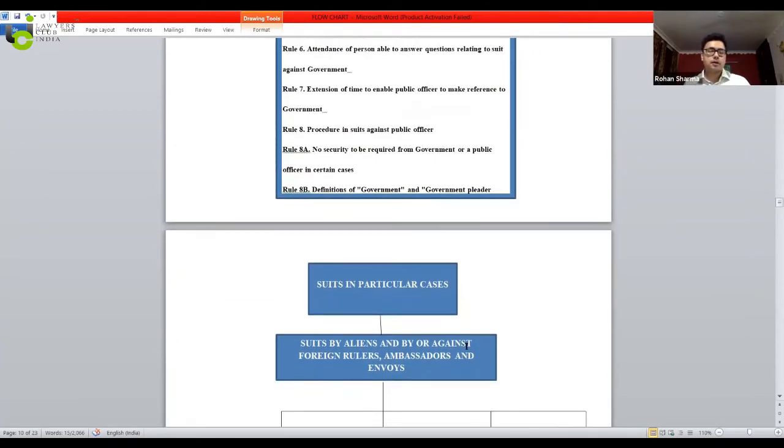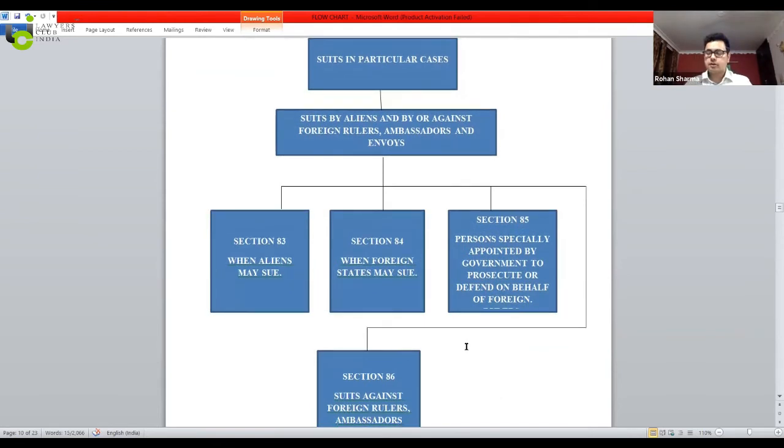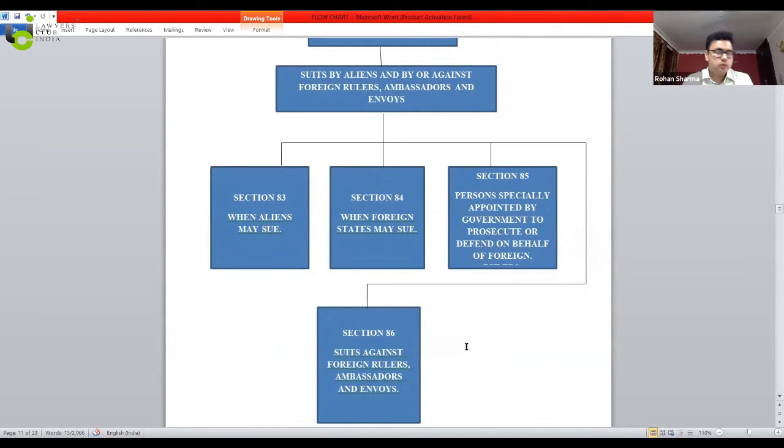Now, when suits can be filed by aliens. By aliens, I mean a person who's not a citizen of India. You can refer to, although it was a criminal proceeding, the case of the Italian Marines.